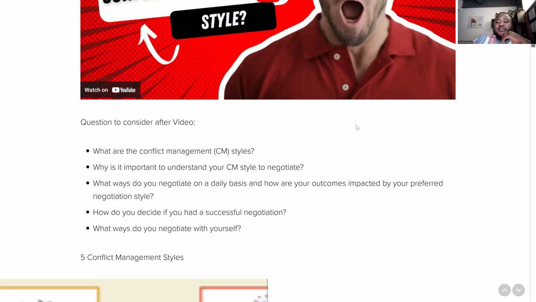Indeed. You definitely have to assess the situation and figure out which style is best, because in certain situations you may need to be a shark, right? Especially if your back is up against the wall and someone is trying to make you commit to terms that aren't in alignment with your goals.